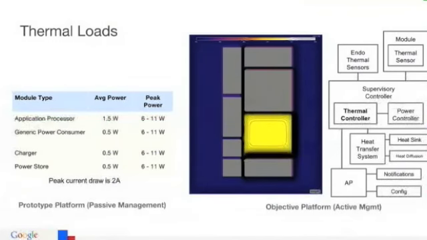And then lastly, we have looked into the fact that you can potentially use diversity inherent in your set of modules to reconfigure the phone on the fly. So as an example, if you had an LTE module and a Wi-Fi module, and if one of them were to get really warm, you could turn it off and then essentially just use the other one.